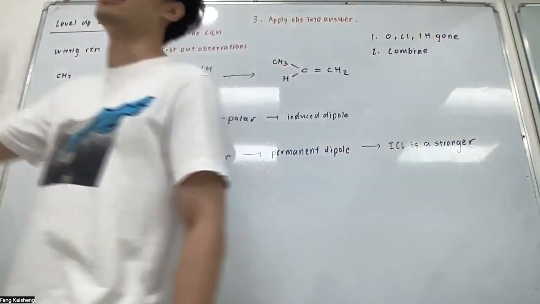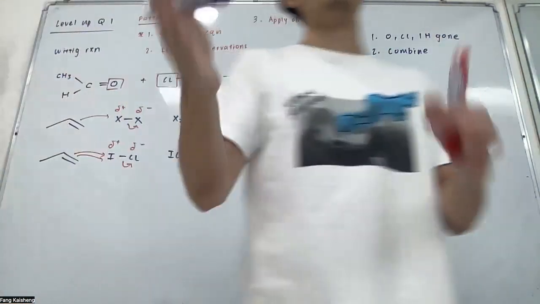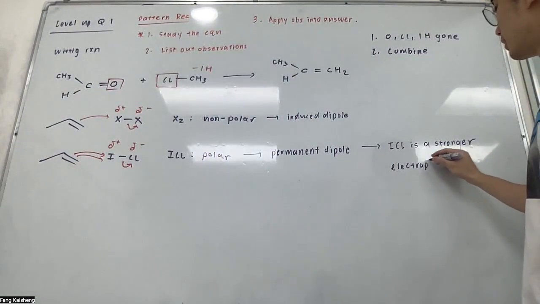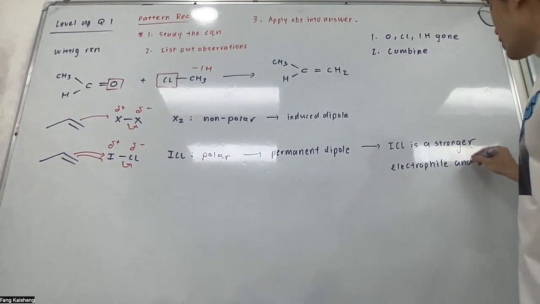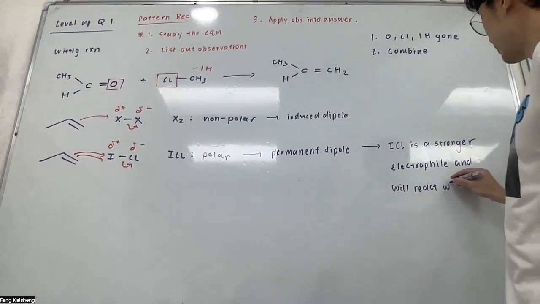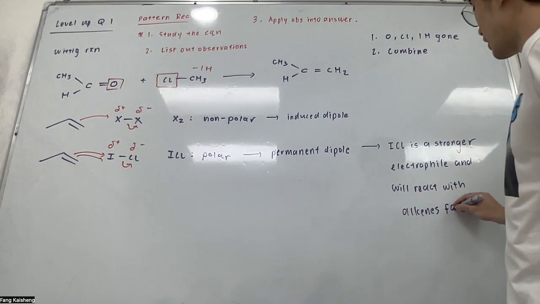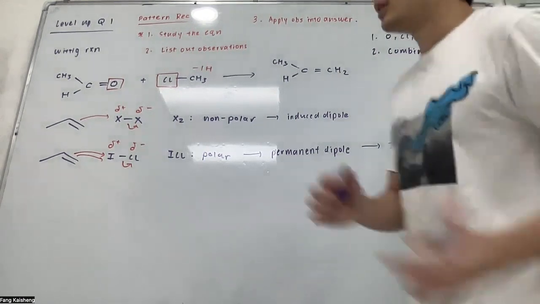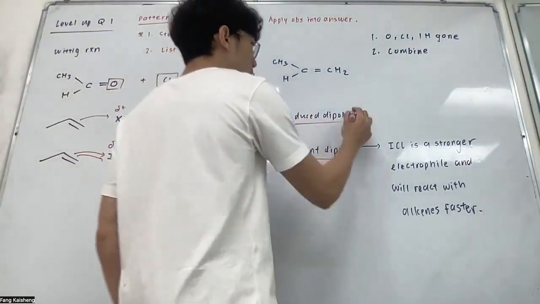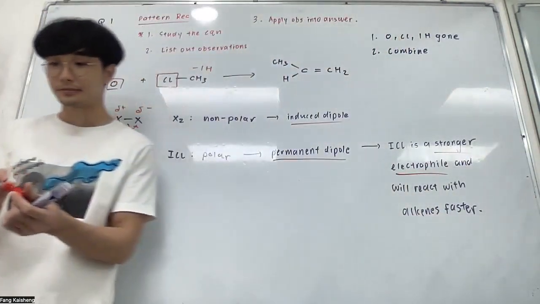What do you call something that's poor? Electron deficient, electrophile. So ICl is a stronger electrophile and will react with alkenes faster. Again, this is 1 mark, so we don't go into too much detail. After writing all this, highlight the keywords. Permanent dipole is definitely better than induced dipole, so it makes it a stronger electrophile. That's 1 mark.